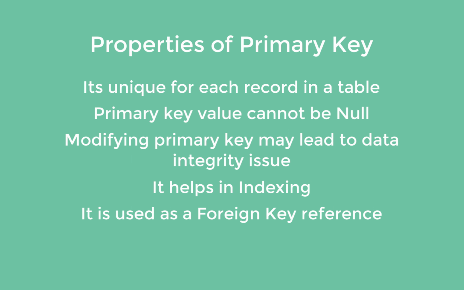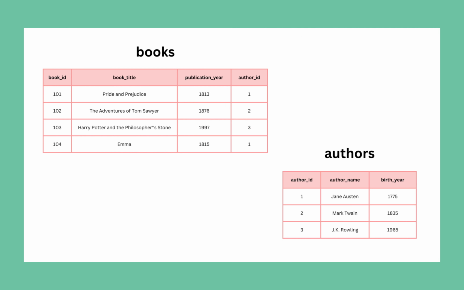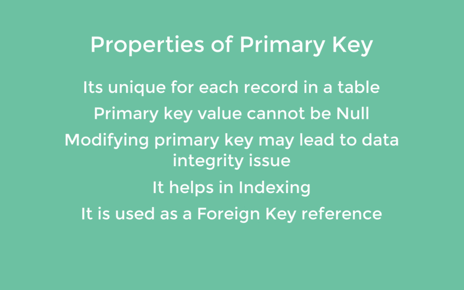In a relational database, the primary key of one table is often used as a foreign key in other related tables. So it helps in establishing a relationship between the tables, ensuring referential integrity and enforcing data consistency. Okay, so these were a few properties of a primary key.